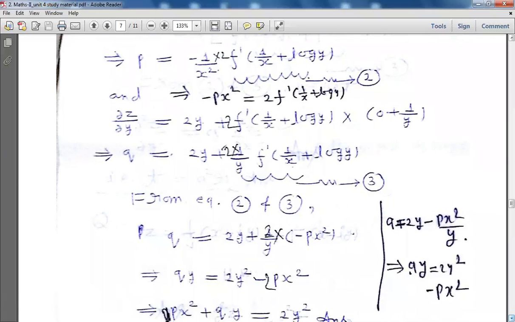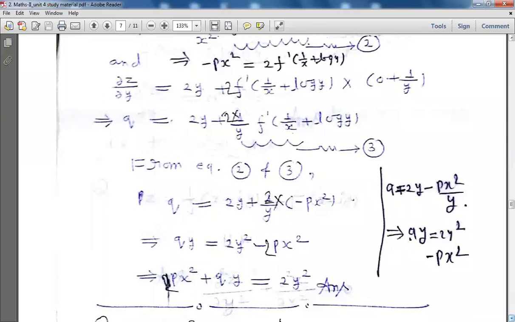In both results 2 and 3, arbitrary functions are involved and this can be eliminated. So eliminate the arbitrary function, and the final result is q equal to 2y square minus x square p.